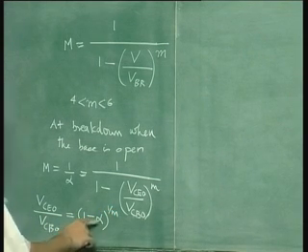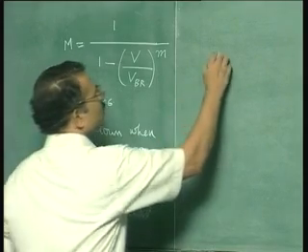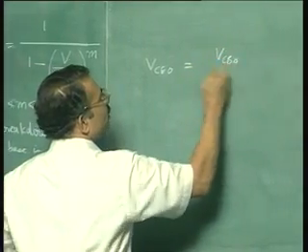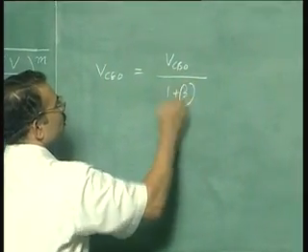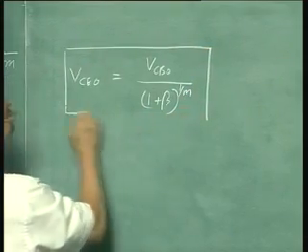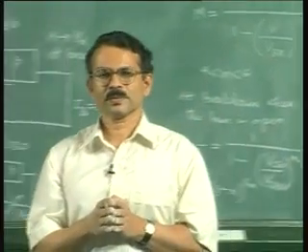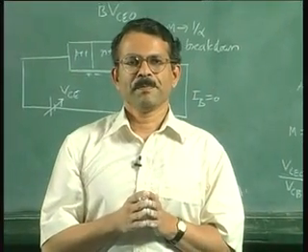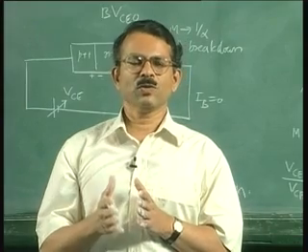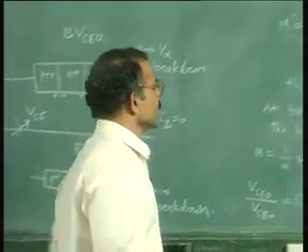Now 1 minus alpha is nothing but 1 by (beta plus 1), and therefore you have VCEO is equal to VCBO by (1 plus beta) whole power 1 by m. This is the relation between the collector to emitter breakdown voltage of a transistor when the base is open and the collector base breakdown voltage of the same transistor, right? So you can see what is the factor here.